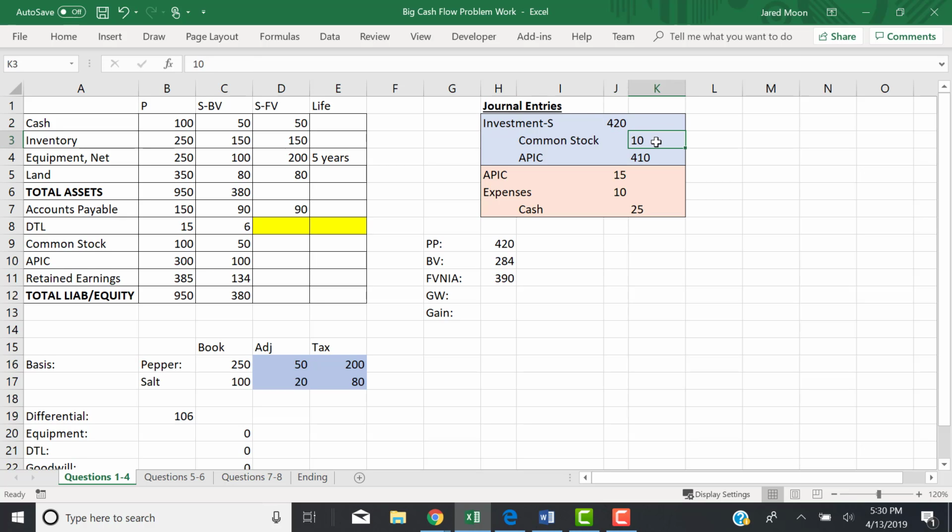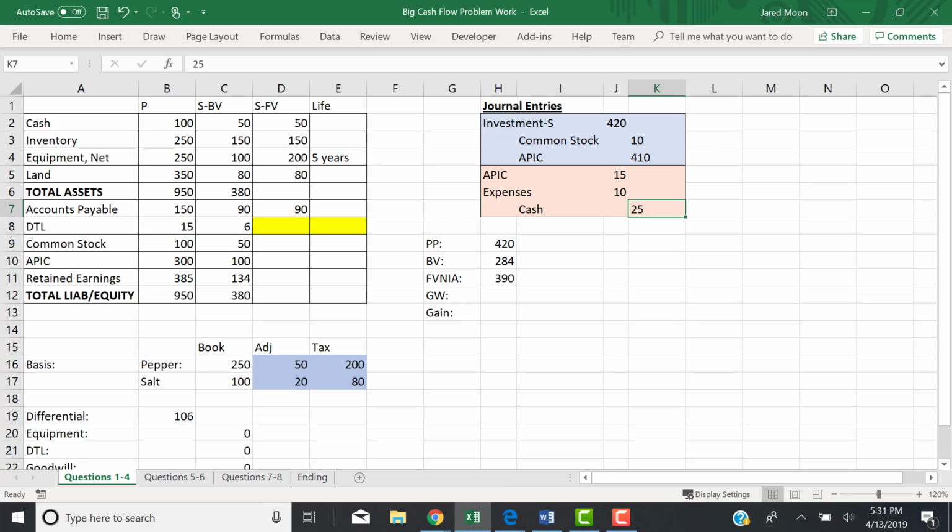$10 for common stock because they're 10 shares at $1 par value, and then the rest is the plug of APIC. Now this other part, whoops, let me highlight the whole thing. This other part is things that we have to remember anytime, because it says they paid $15 in stock issuance cost. Anytime you issue the stock and have to pay for it, you're going to take that right out of APIC.